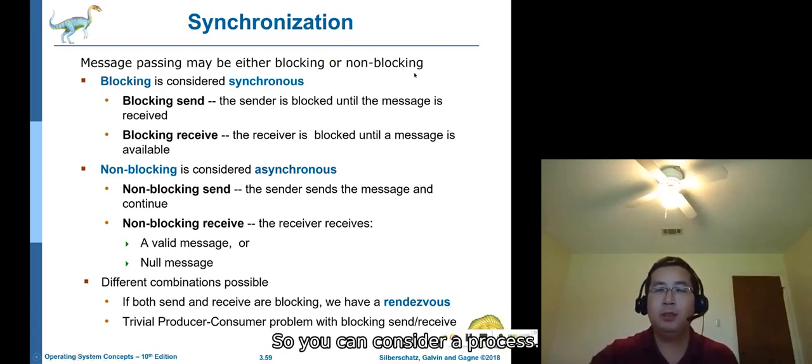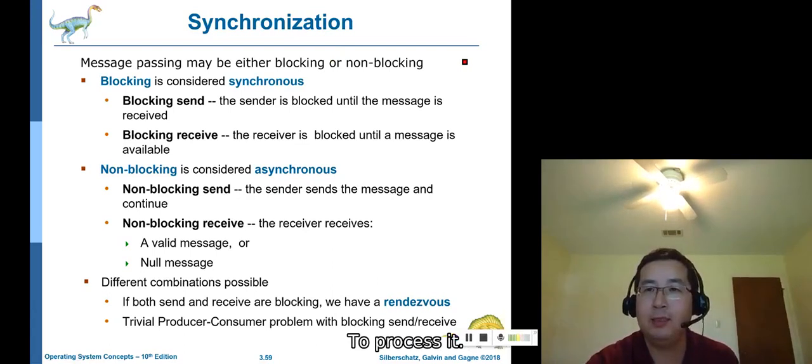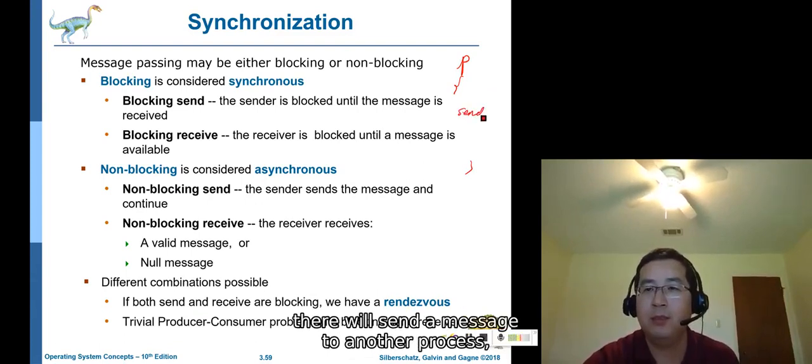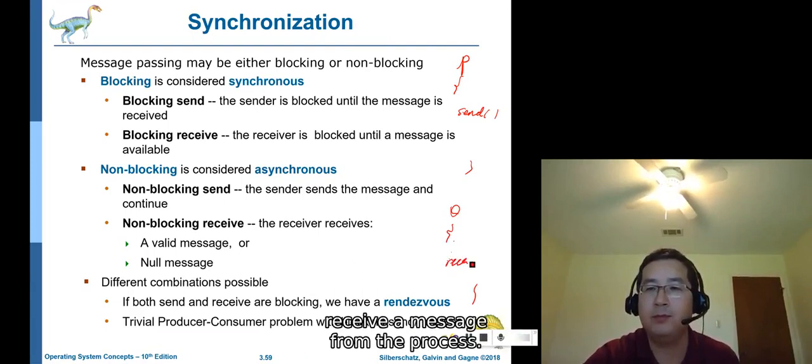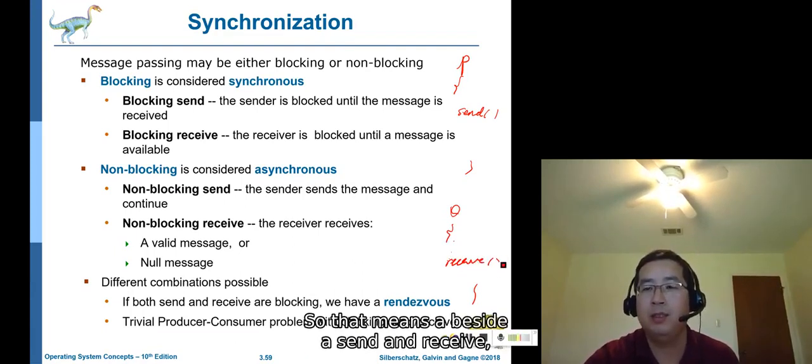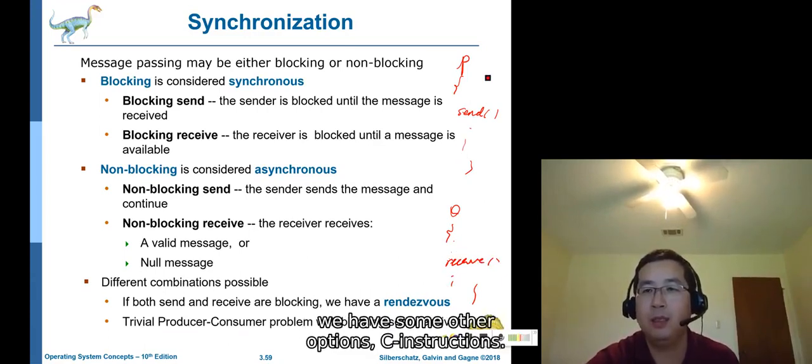You can consider a process that contains a list of instructions, and then sometimes it will send a message to another process, a Q process, and then the Q process will maybe do something and then receive a message from the P process. So beside the send and receive, we have some other options or instructions.